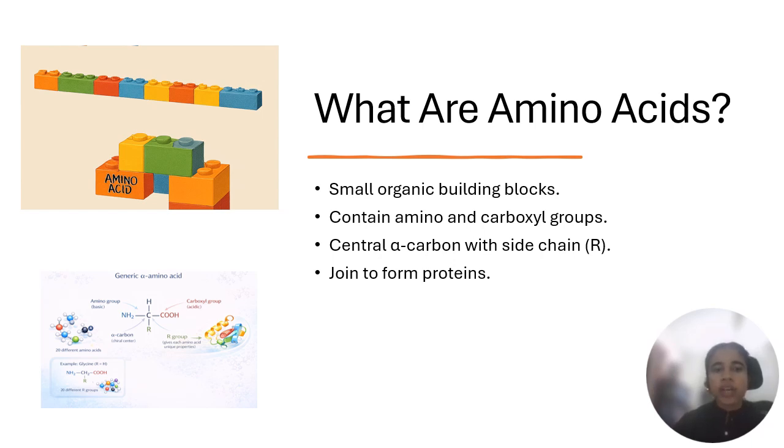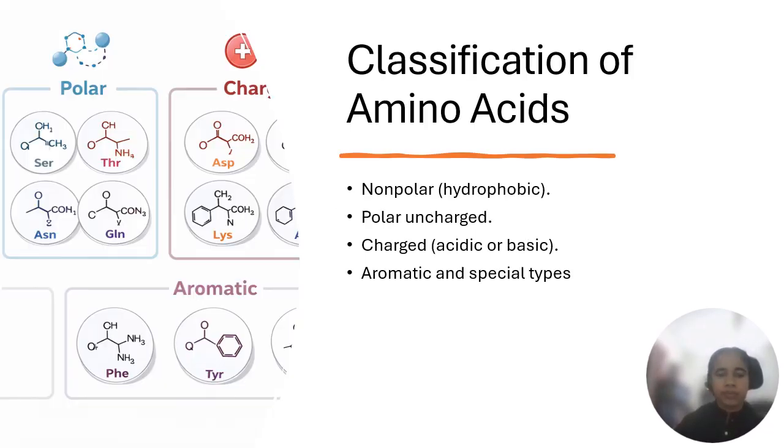In nature, there are 20 standard amino acids, just 20. But by arranging these 20 in different sequences, cells can create thousands of different proteins, each having unique functions. You can think of amino acids like letters of an alphabet: 20 letters, but an infinite number of words.